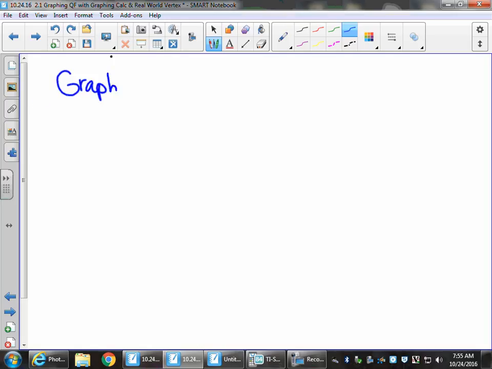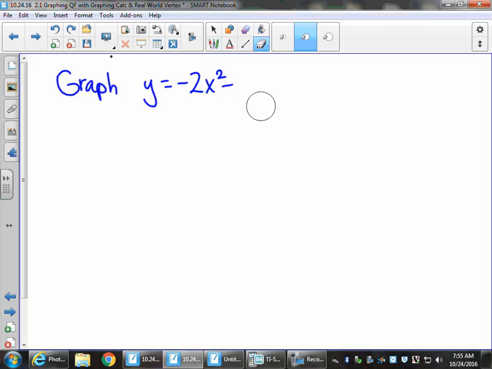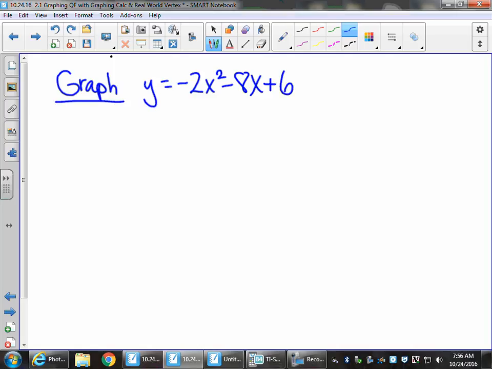Graph y equals negative 2x squared minus 8x plus 6. What form is this in?